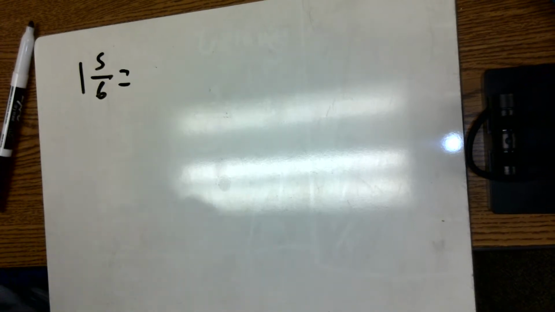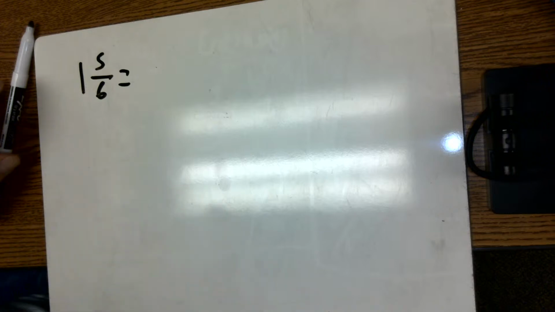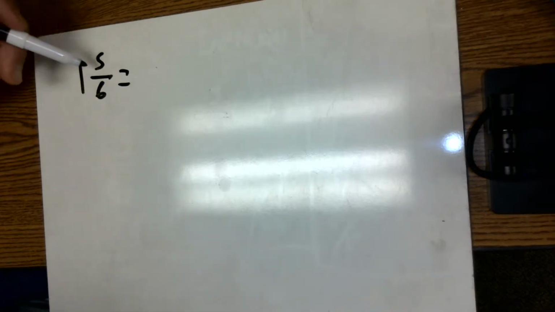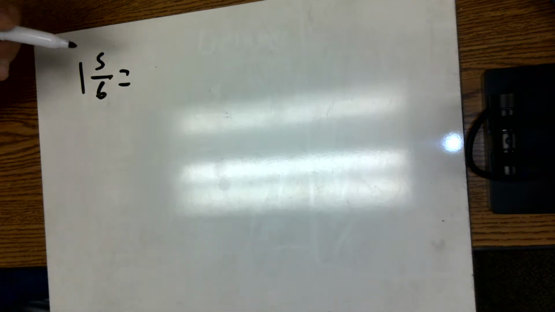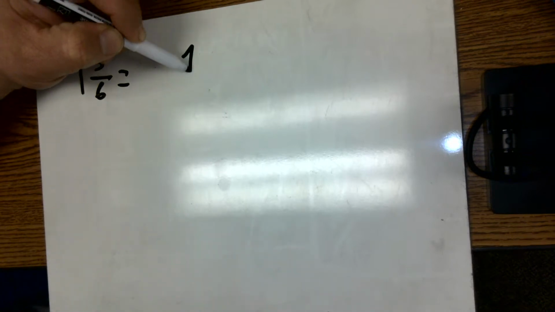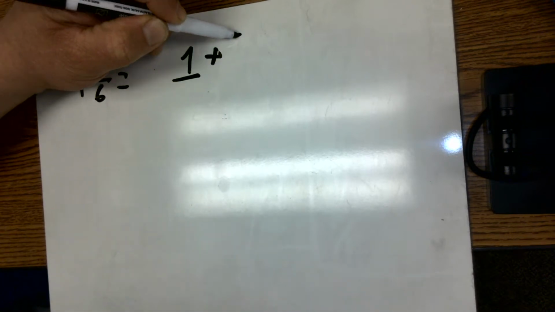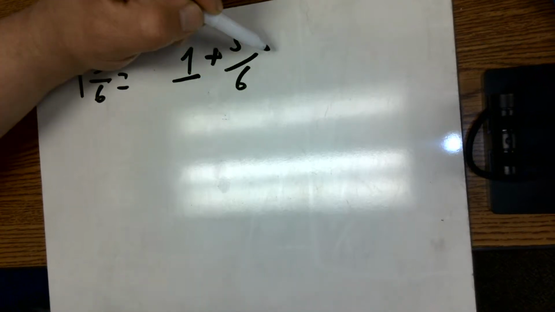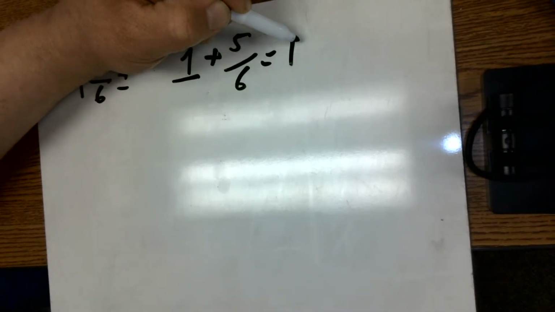I'm going to blow you up so I can see it. 1 and 5/6 plus 5/6. But you remember, the total is 1 and 5/6. So you might say one of your answers is 1 whole plus 5/6. You could do this.